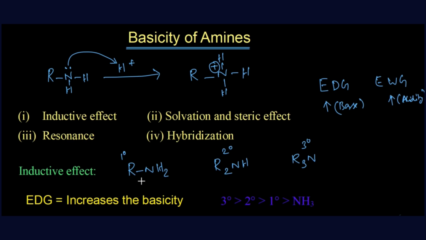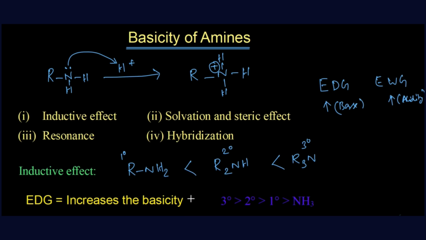You see here that the R groups are gradually increasing. In the tertiary amine we have 3 R groups, that means more electron donating groups. According to this theory, it will increase the basicity. Definitely, compared to the secondary amine, the tertiary amine will be highly basic in nature.